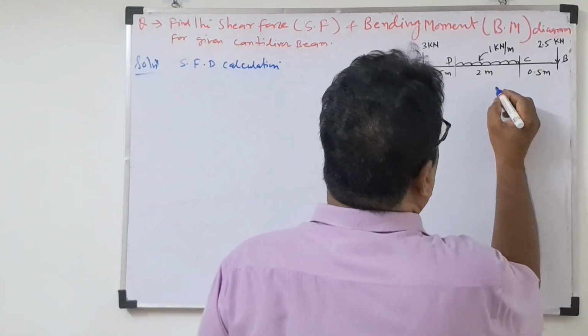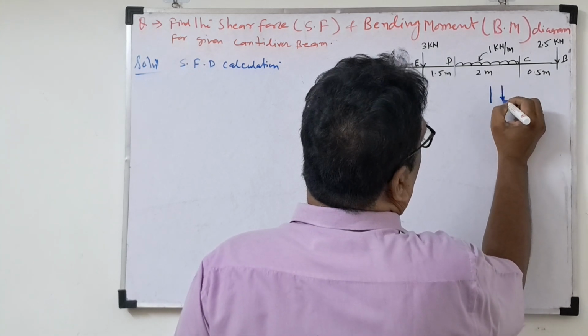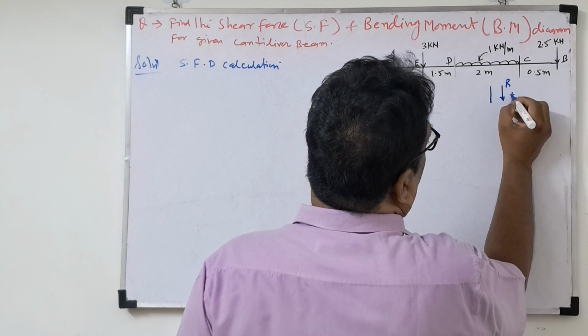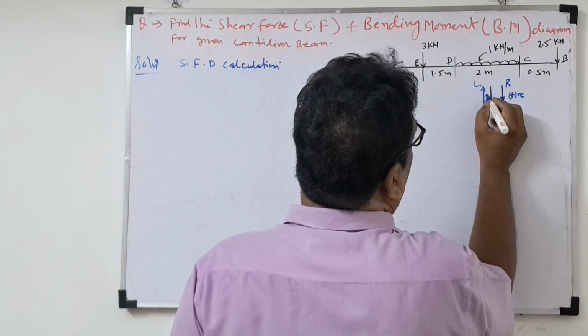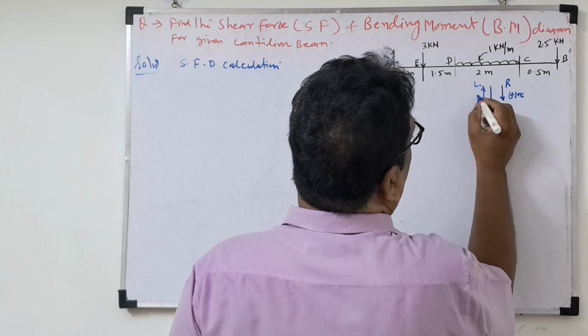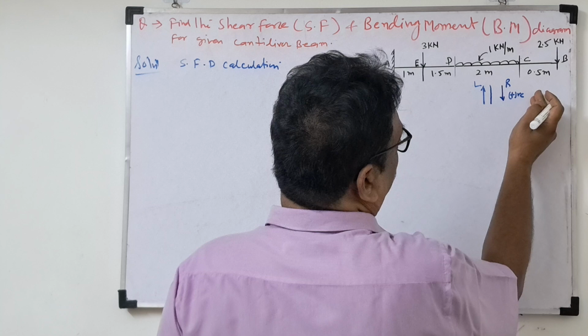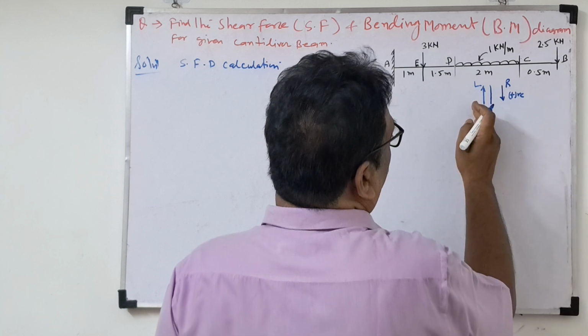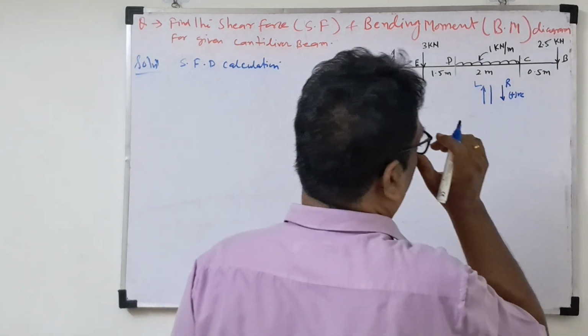I am mentioning it always here. So this is the section. If a downward force is on the right side, it will be positive. From the left side, an upward force will be positive. Okay, this is the section. Section right side, downward force positive. Section left side, upward force positive.